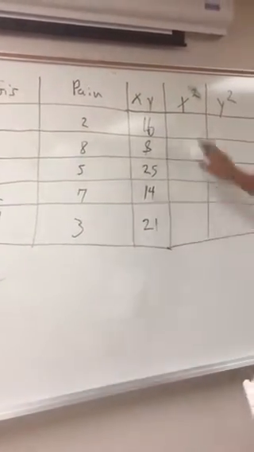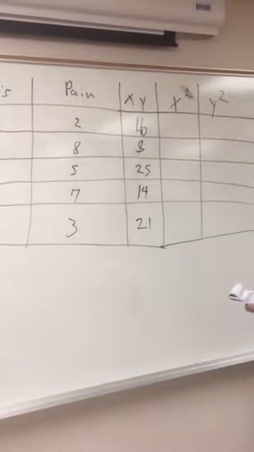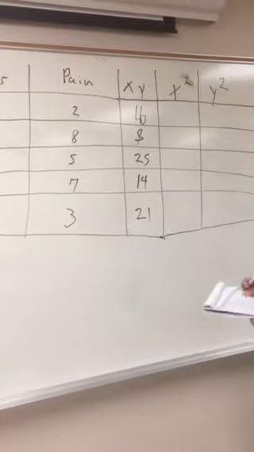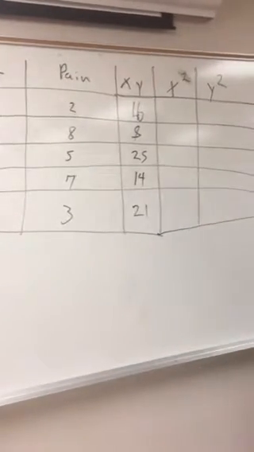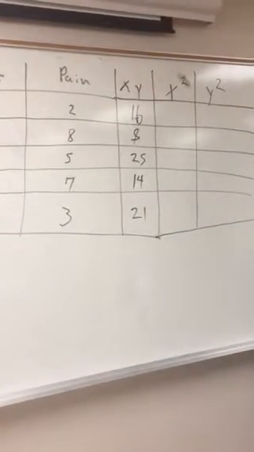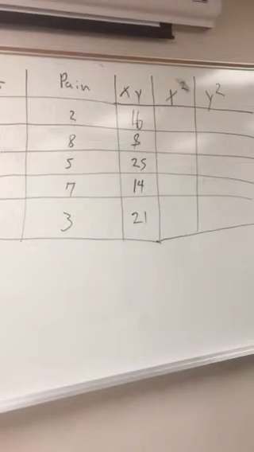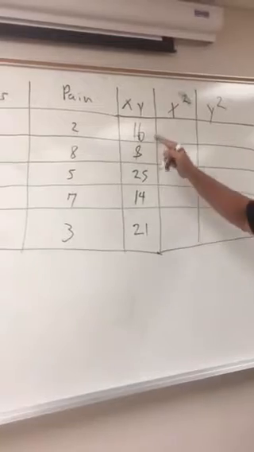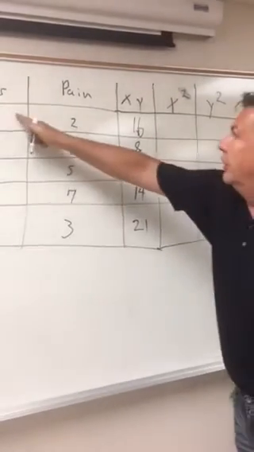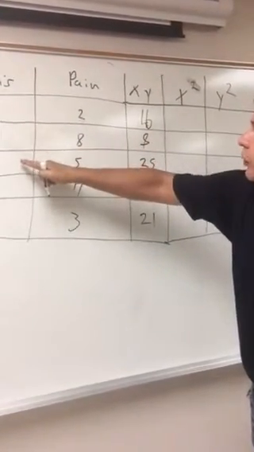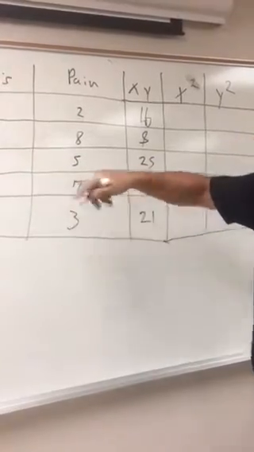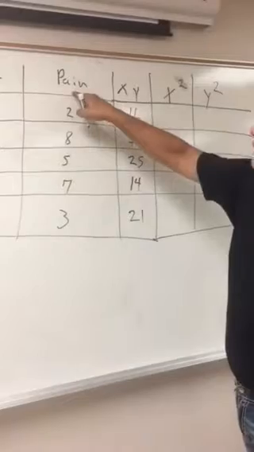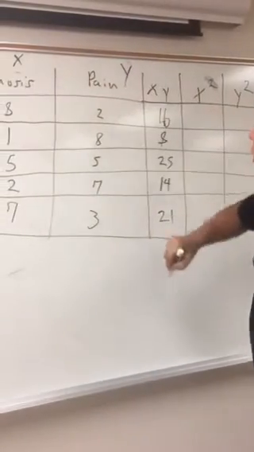So now I've got to square each x. When I square 8, I should get, is it 64? I need a calculator now. So what I'm going to do is square each one of these numbers for x, because this is going to be my x-axis, and I'm going to predict pain, so that's going to be my y-axis.